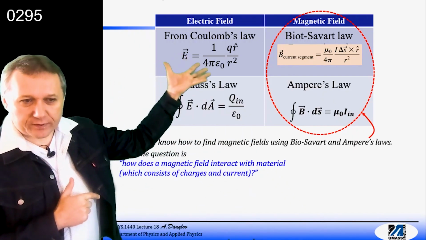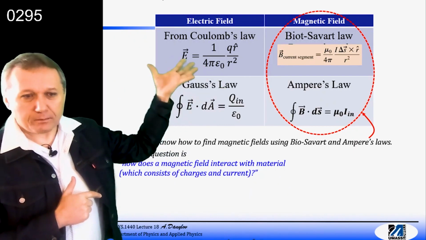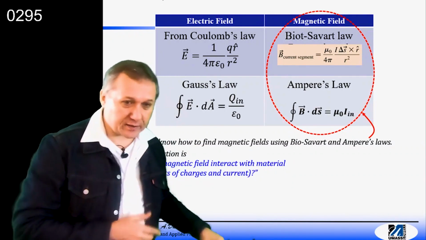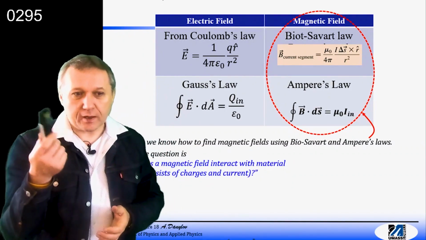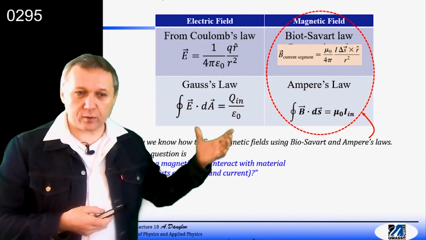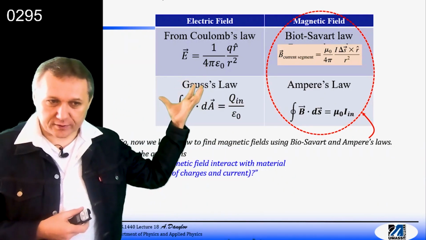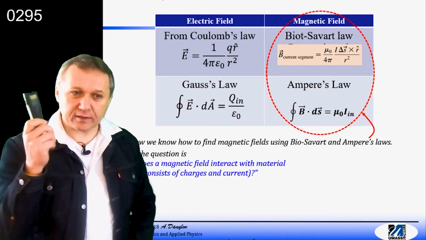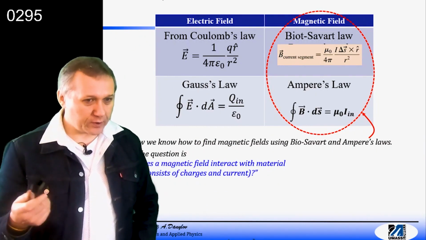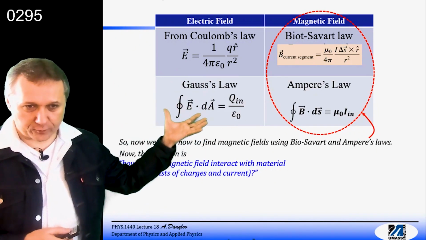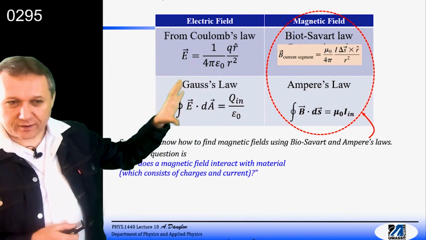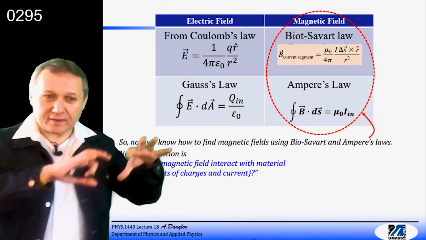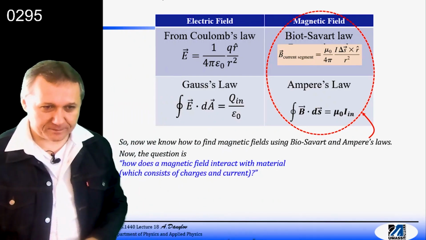Because we need to describe how these electric fields interact with material. Any material consists of a gazillion charged particles. If you know how these fields interact with a charged particle, then you should be able to describe interactions of electric fields with any object. So these ways of finding the electric field plus the electric force, that's basically the foundation of electricity.